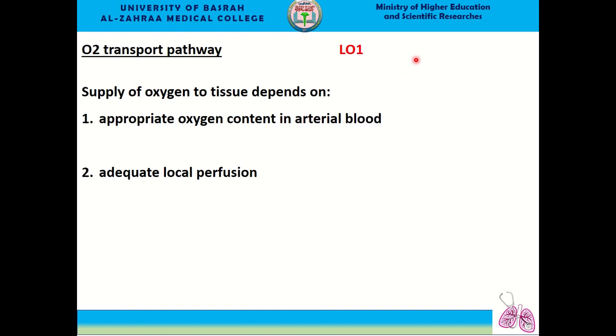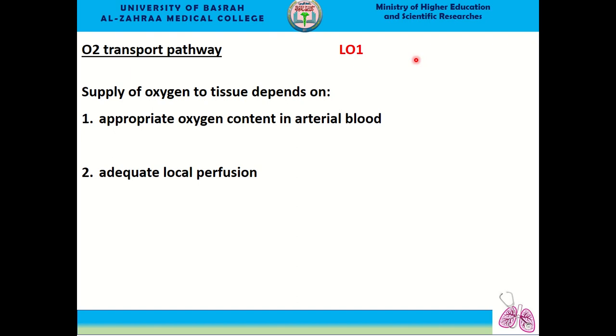So, oxygen transport pathway and the supply of oxygen to any given tissue in the body. In order to ensure an adequate supply of oxygen, we have to have first appropriate oxygen content in the arterial blood, and second, we have to have adequate local perfusion.